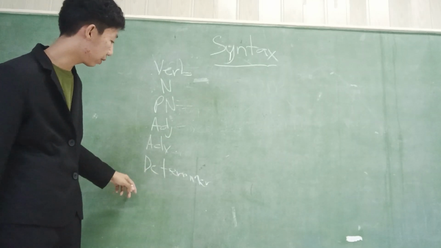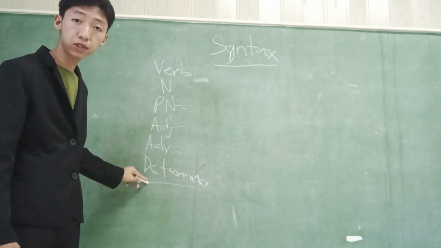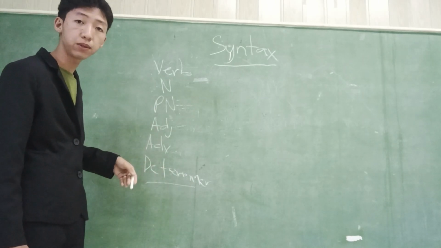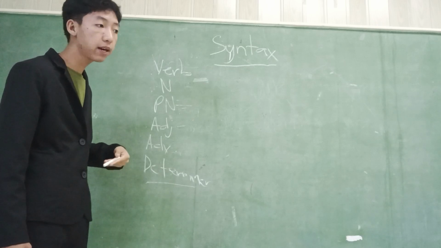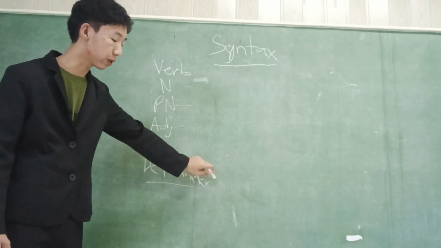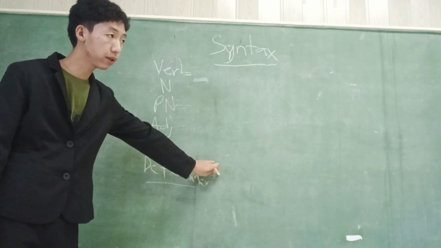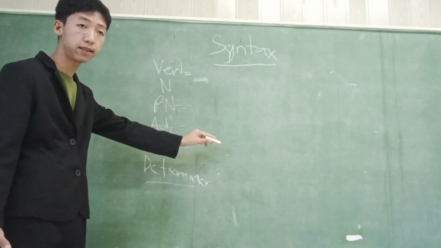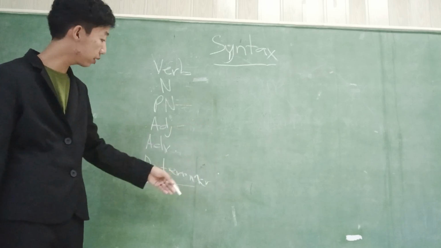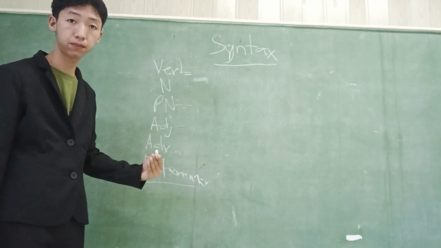Now we have the determiner. A determiner usually comes before the noun so we can understand the noun more. It's the helper. For example, the, that, his, her. Those are examples of determiners.